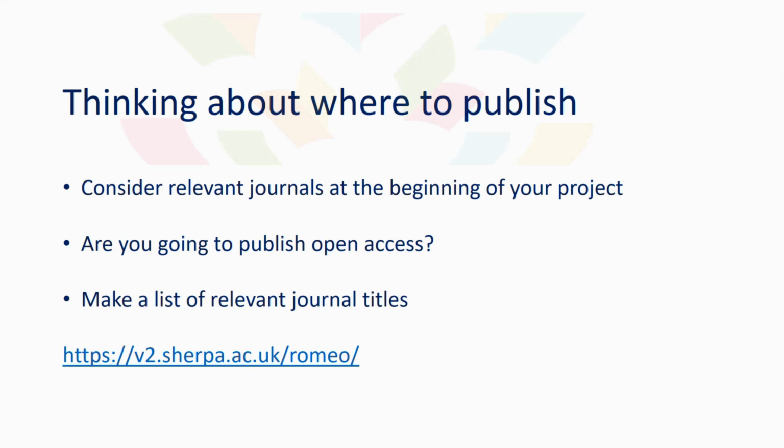And the best way to do this is to identify potential journal titles as early as possible. Another practical tip then is to make a list or spreadsheet at the start of your project, as many as 5 or 6 potential journals where you can submit your manuscript.